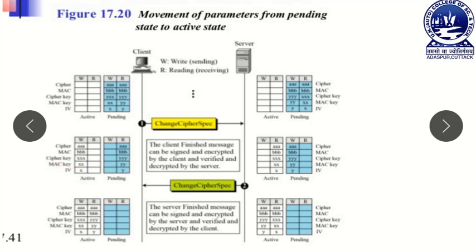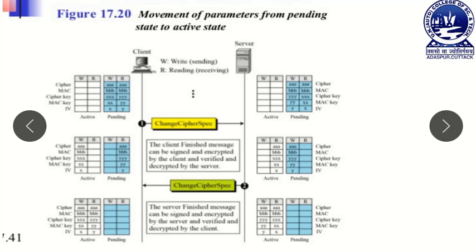That means when the client sends the message, at that timing, the pending state write outbound parameters are moved to the active state of the write outbound parameter. Then the client can use the parameters to sign or encrypt the outbound message, which means these write outbound parameters are used by the client to encrypt the message and send it to the server.